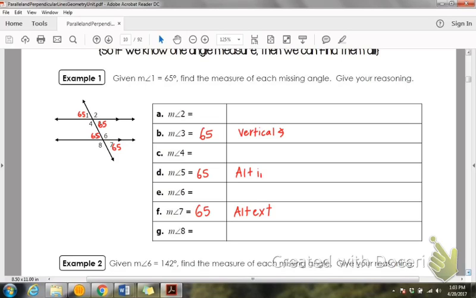You take angle 1 plus angle 2 equals 180. Okay, so Julia's reminding us that these two right here make a linear pair, right? So I know that if I add angle 1 plus angle 2, I can say over here to the side, 65 plus the measure of angle 2 equals 180. Okay, so this is getting us in the habit of writing our equations out. 65 plus measure of angle 2 is going to give me 180.